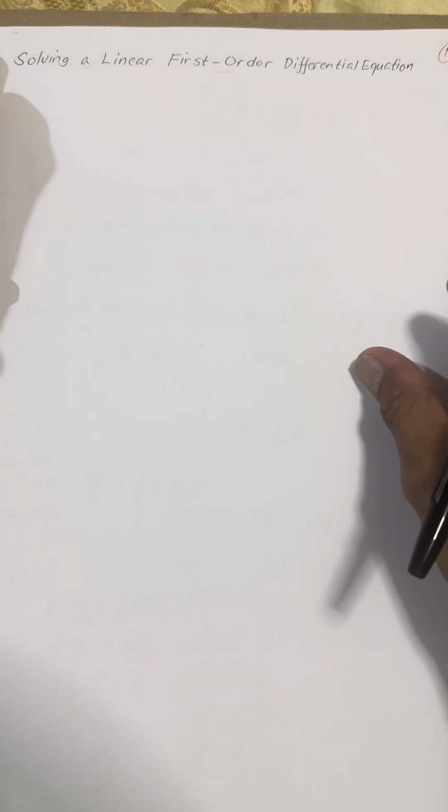In solving a linear first order differential equation, we have some steps to follow. It has already been simplified for you to be able to solve the problem easily and quickly. Alright, so these are the steps that we need to follow.